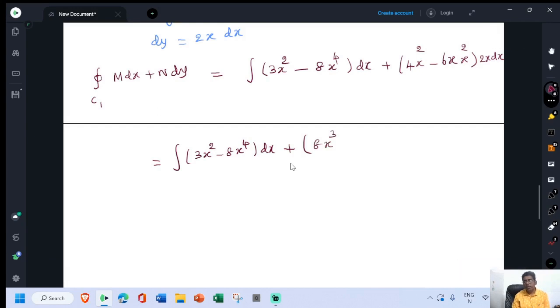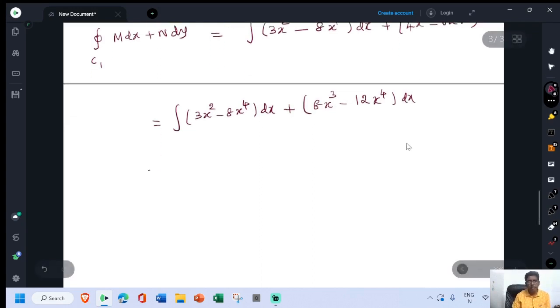Here 6x cube into 2x is minus 12x power 4 into dx. Once again verify: 4x square into 2x is 8x cube, 6x cube into 2x is minus 12x power 4. Entire is multiplied by dx.